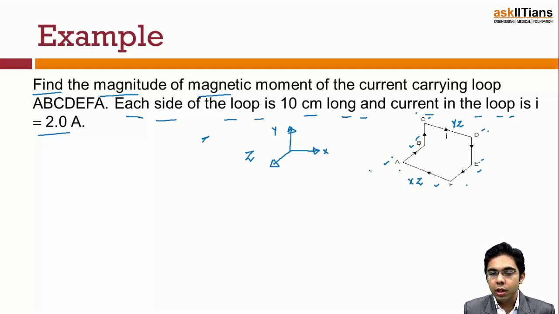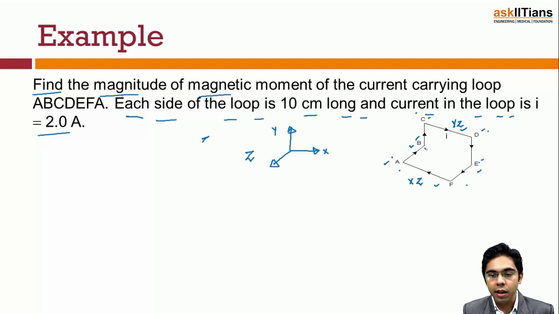So these two loops lie in different planes, XZ and YZ. Now how to solve? If we want to find the magnetic moment, we have to take a loop which lies in a single plane. But this complete loop lies in both planes.